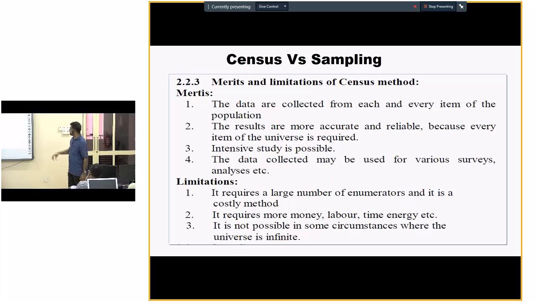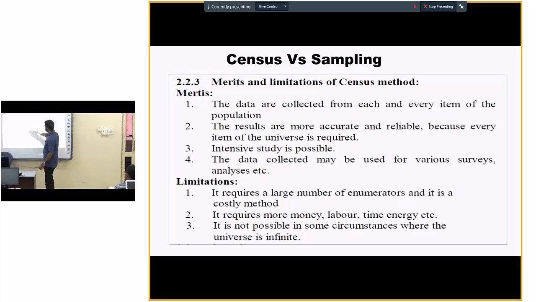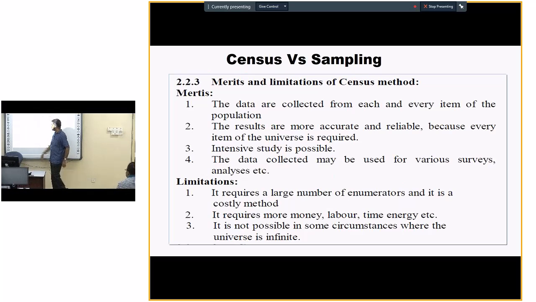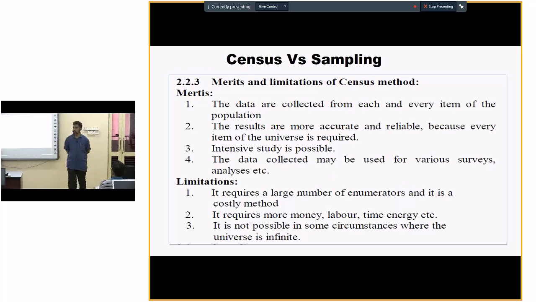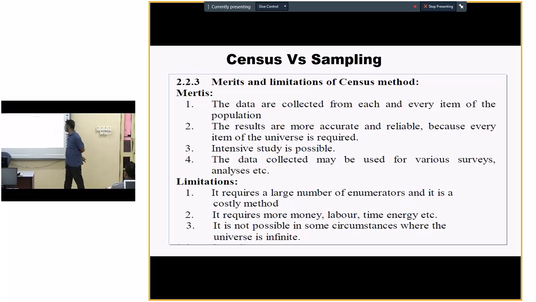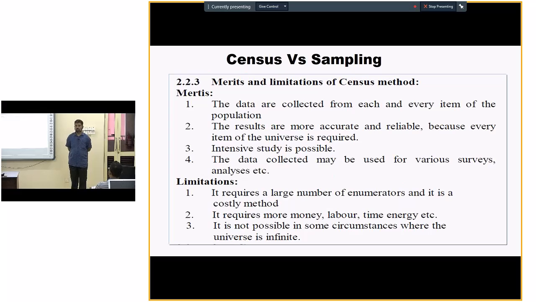Then here, the census method. Now, merits of the census method. The data are collected from each and every item of the population. That is a benefit, right? The results are more accurate and reliable because every item of the universe is covered. Then intensive study is possible. The data collected may be used for various surveys and analyses.